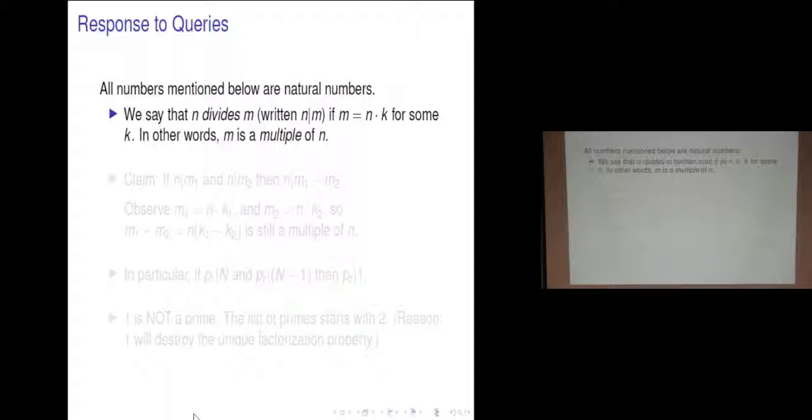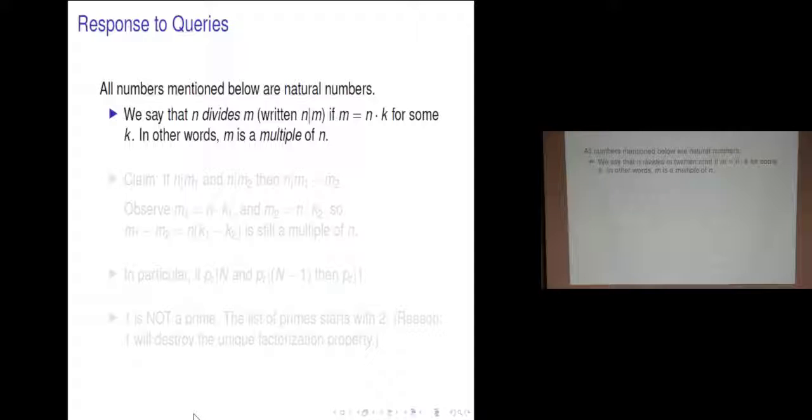First, this stroke between two numbers means divides. We say the natural number n divides the natural number m, with notation n | m, if m is equal to n times some number k. In other words, m is a multiple of n. This is the meaning of divides.